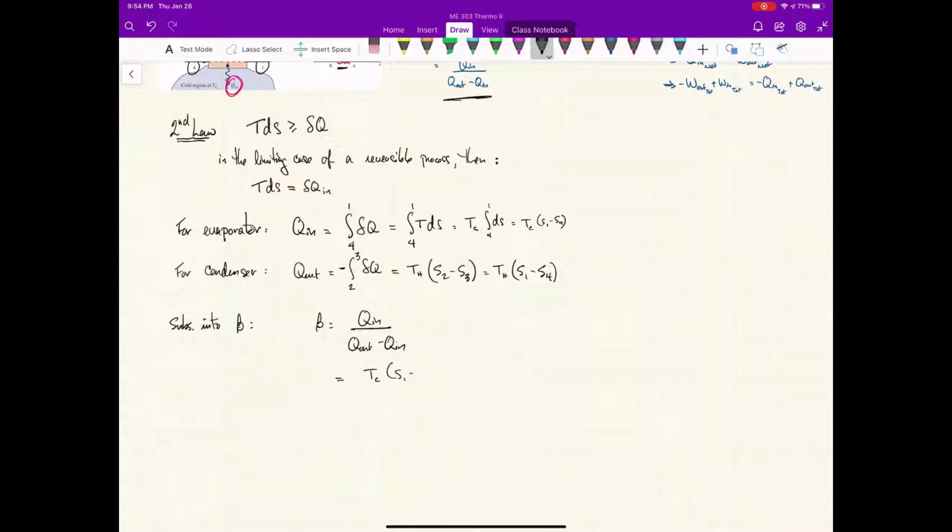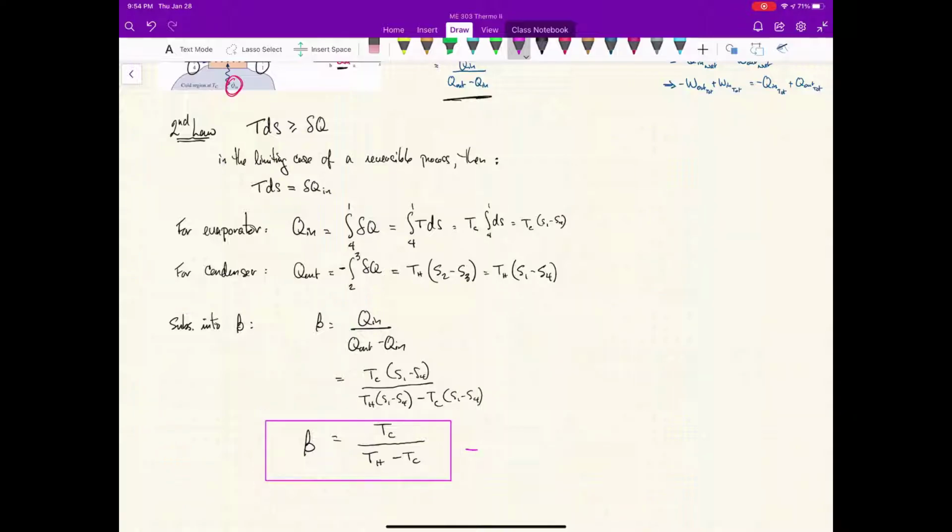That's going to be equal to T sub C times S1 minus S4 divided by T sub H times S1 minus S4 minus T sub C times S1 minus S4, which is equal to T sub C divided by T sub H minus T sub C. That's the COP of a refrigerator. Equation 3.